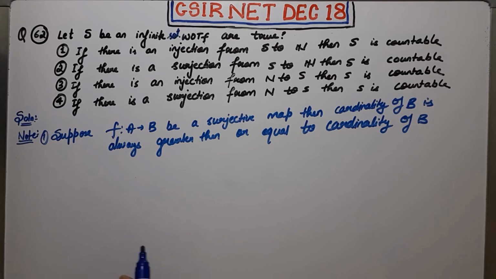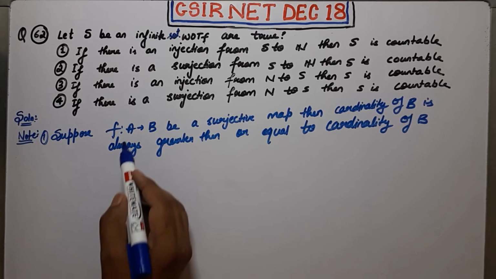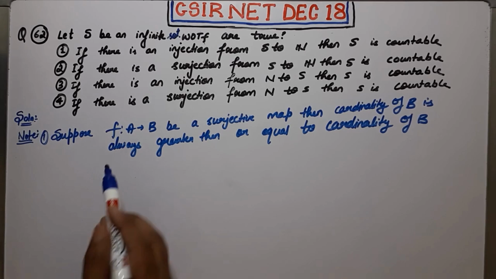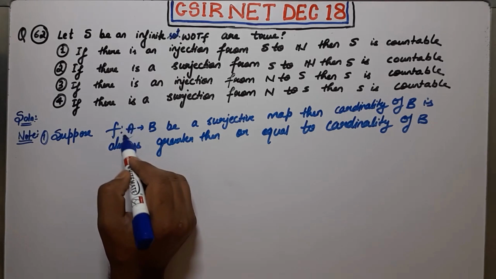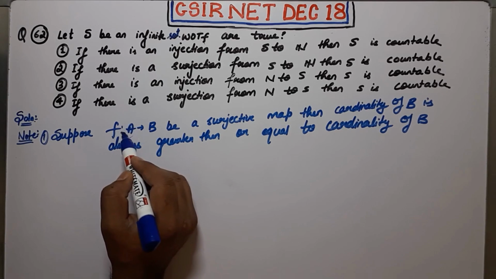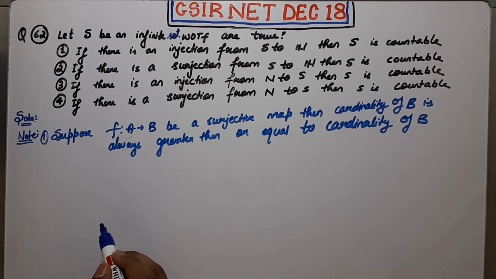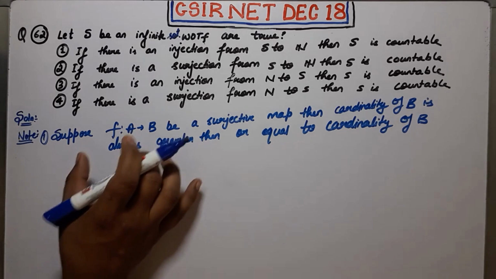This is a little bit of an abuse of notation, since cardinality works only for finite sets, but for exam purposes, if A to B is a surjective map, then the number of elements in A must always be greater than or equal to that in B. So A will always have more elements than B if it is a surjective map. This is the first note.